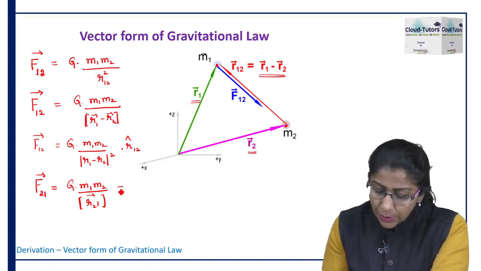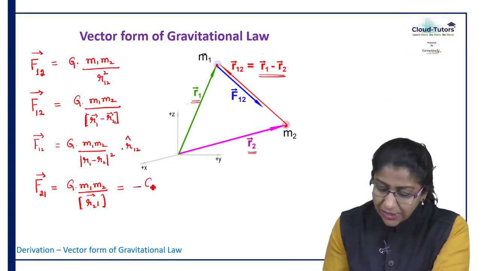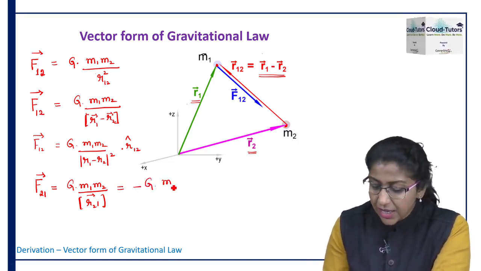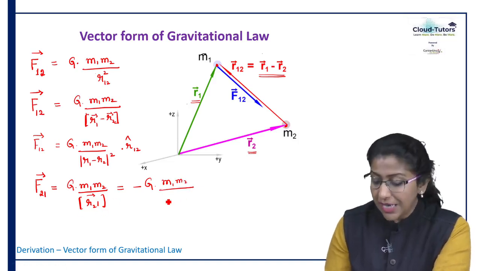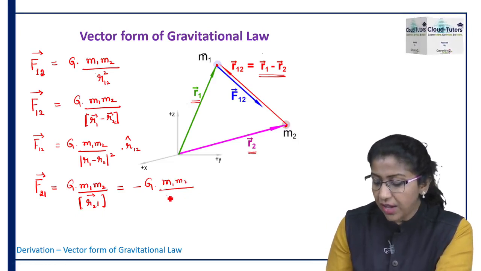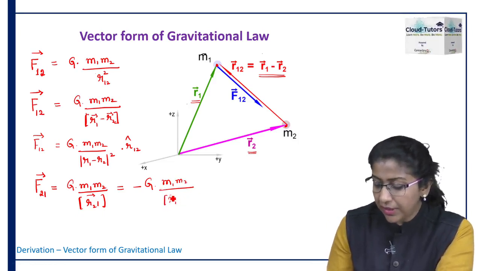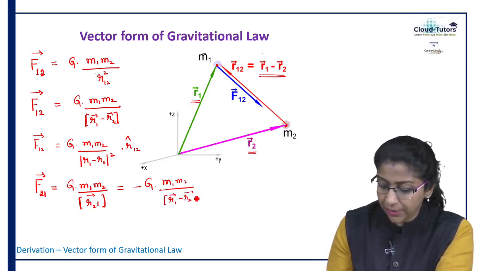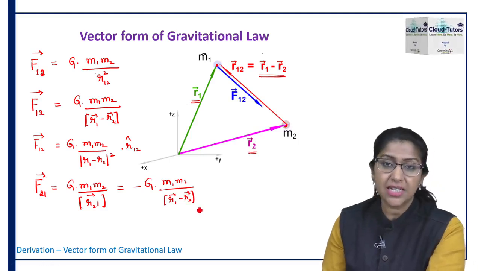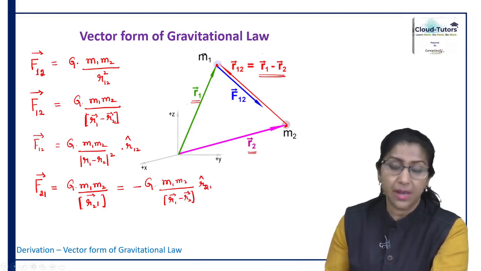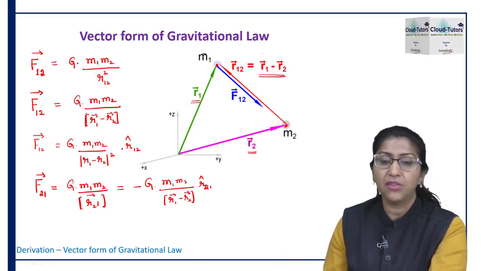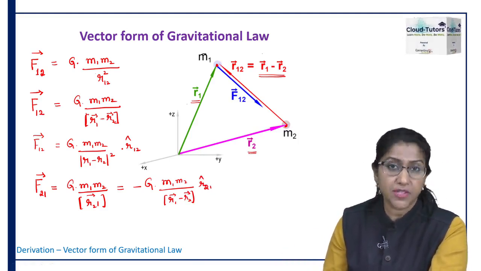So in this case, what happens? I would need a negative sign because R21 becomes equal to negative of R1 vector minus R2 vector. Correct? You must have studied this in your vectors when you did the third chapter, motion in a plane, and when you learned position vectors.